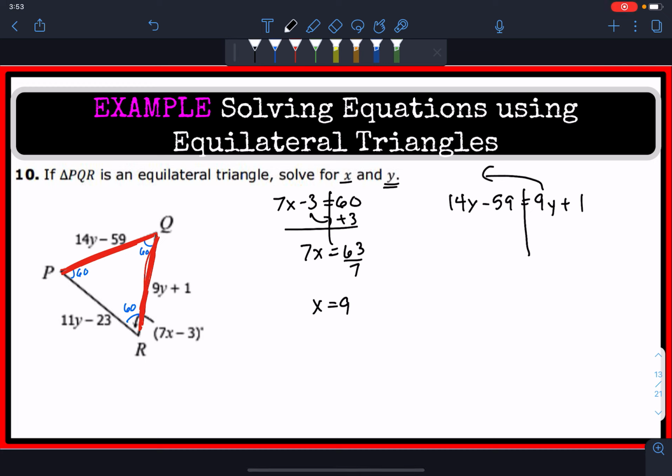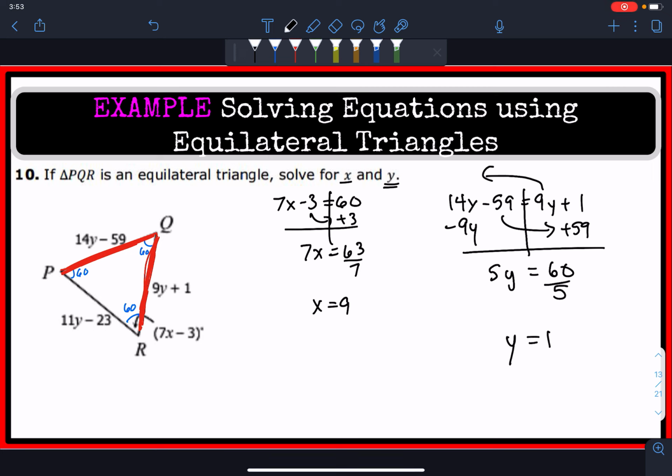So now with letters to the left and numbers to the right, I'm going to subtract the 9y and add the 59, and I'm going to get 5y is equal to 60. Divide the 60 by 5, and I get that the value of y is equal to 12.